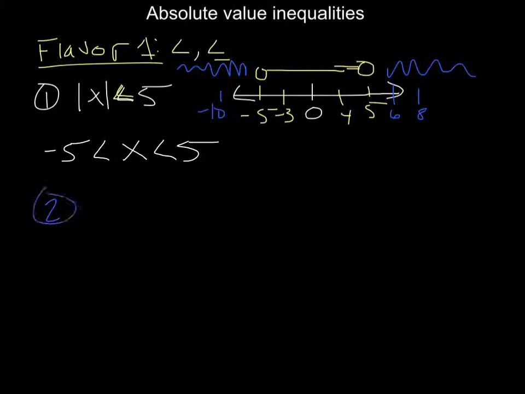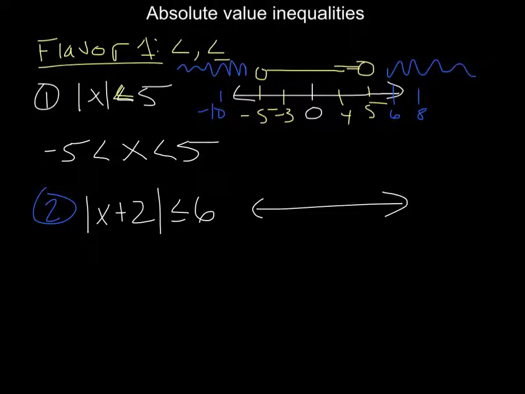So number 2, let's do the absolute value of x plus 2 is less than or equal to 6. Now again, think about what this is saying. Absolute value means distance away from 0. And I'm talking about being 6 away from 0, and there's two ways to do that. 6 and negative 6.